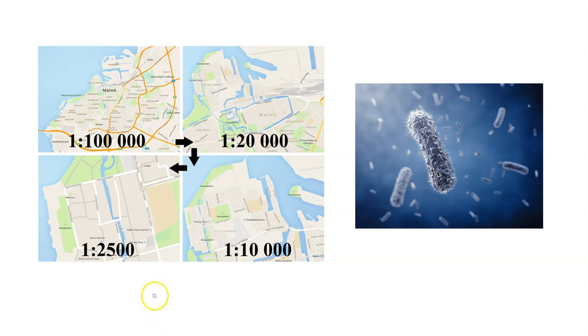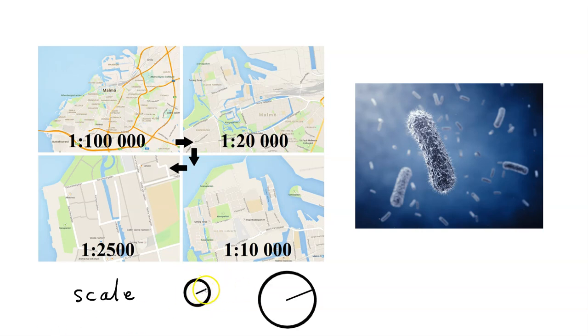In this case, when you have similar figures, you can talk about the scale. For example, the scale is written here in the figure. That means that 1 centimeter in this picture corresponds to 2,500 centimeters in reality, or that 1 centimeter here corresponds to 100,000 centimeters in reality. So here we talk about scale. Scale is a ratio between the length of one object and the other.